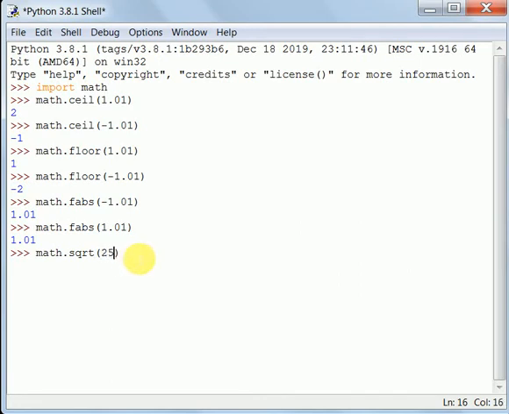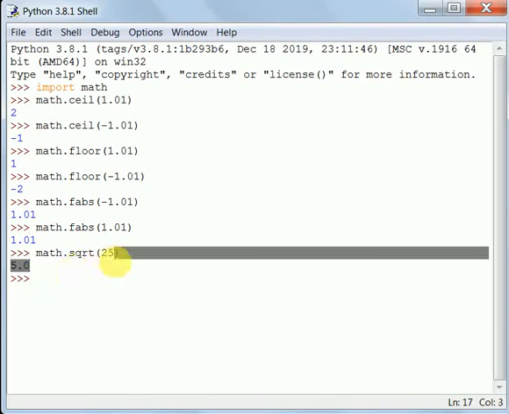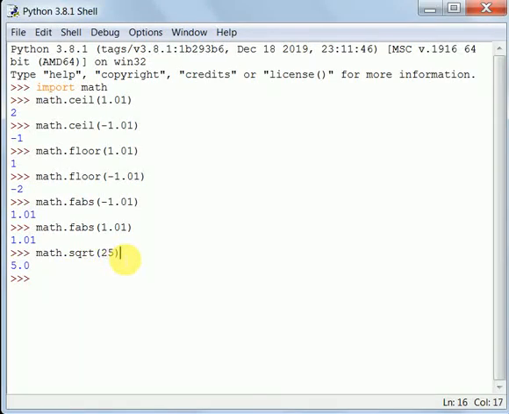If you want to find the square root of this 25, press enter, then you will get 5.0. What does this 0 mean? The result may or may not be an integer, so it is automatically made a floating point number. Like if I write the square root of 5, decimal point numbers appear, so it is converted into decimal point numbers.